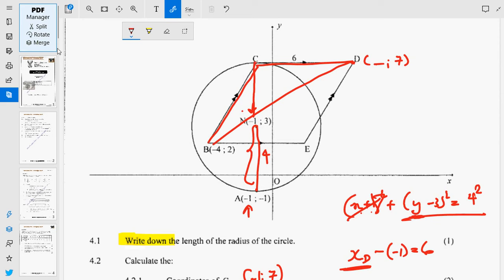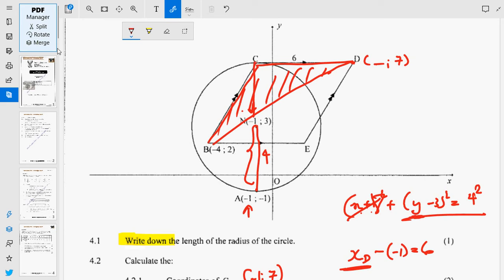So if I can find the area of the parallelogram, then I'll find the area of this triangle here. Well, what is the area of the parallelogram? Now, remember, the area of a parallelogram is base times height, but not any height, the perpendicular height. So I'll start off with the area of the parallelogram. It is base times height.